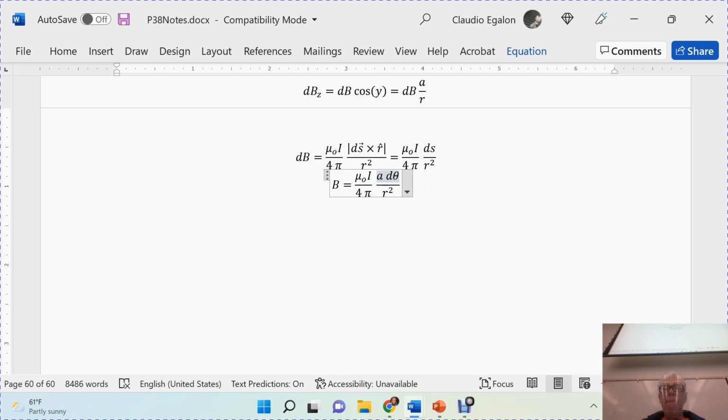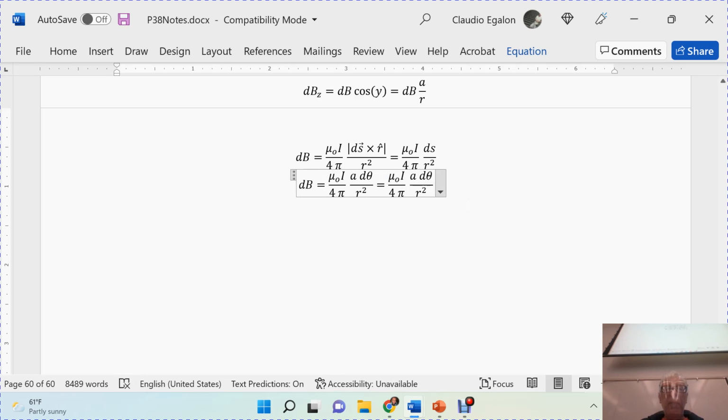Theta is independent of r. And when we integrate, that should be dB.